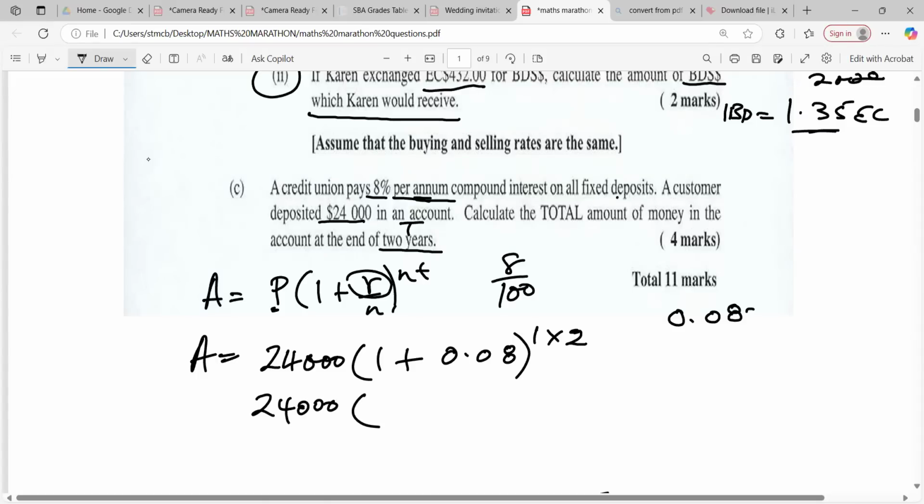The n, guys, is the number of times it compounds, which is 1, so that didn't change anything. That's why I put the 1 there, because it is annually. And of course we have 1 plus that, which gives you 1.08 squared. Let me calculate also. 1.08.